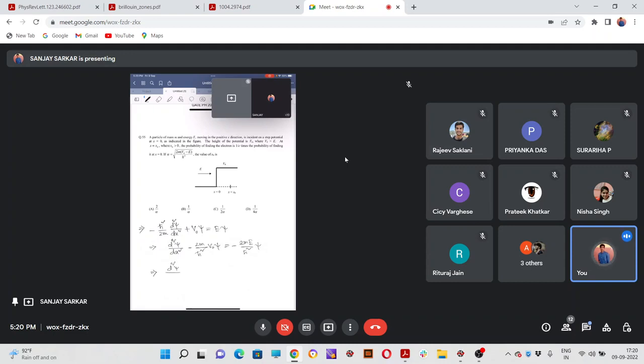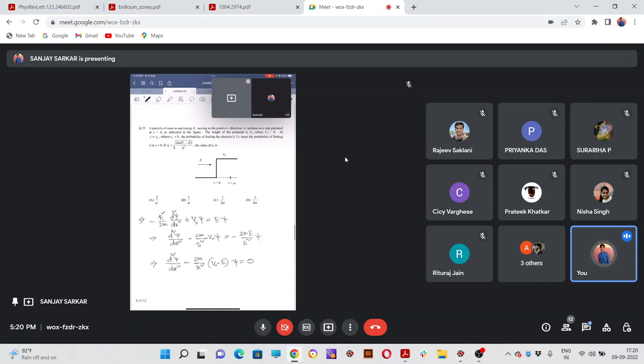So d2 psi dx2 minus 2m by h bar square (v0 minus e) psi equal to 0. Since v0 is greater than e, that's why we have written this term in this way.